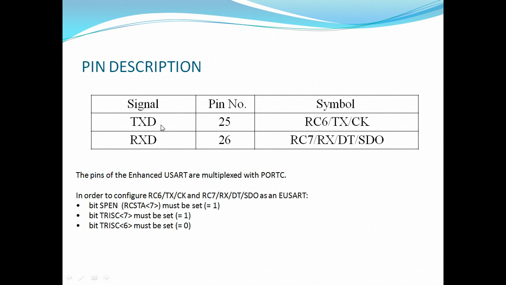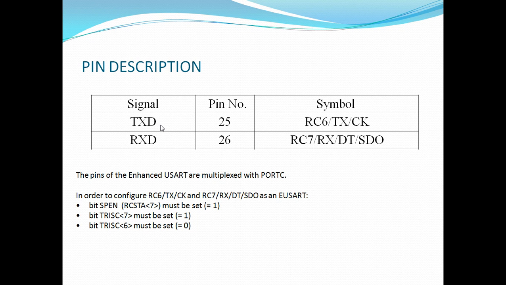Now, for the serial communication, two pins are given in the PIC microcontroller that belong to port C. You can see RC6 is acting as a TXD and RC7 is acting as a RXD. So TXD and RXD, these two pins are given for serial communication.